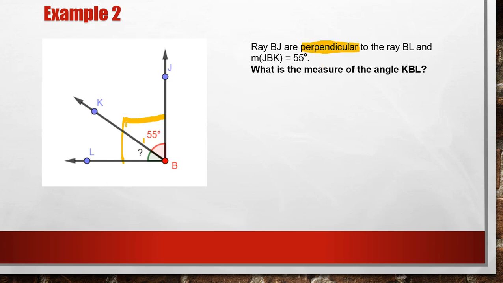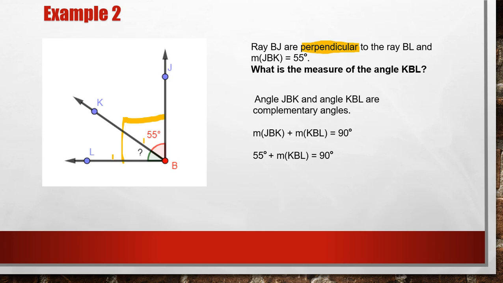So, if here is 55, then we can find the unknown angle from our complementary angle knowledge. Their sum should be 90 degrees and we can find the unknown angle by subtraction, and it is 35 degrees.